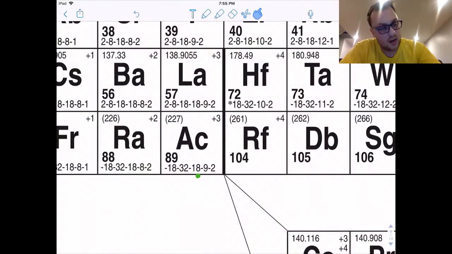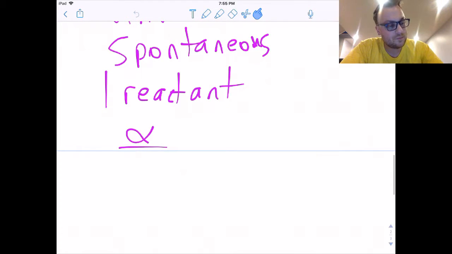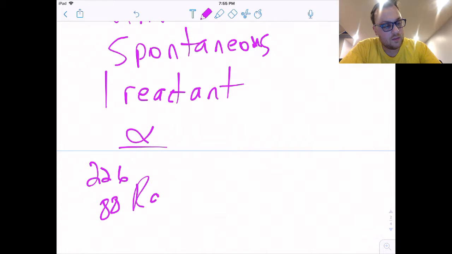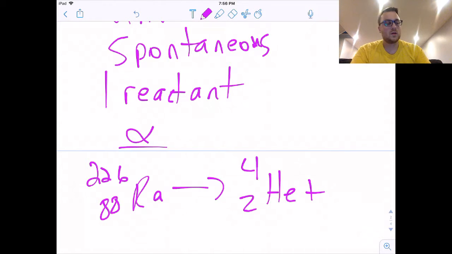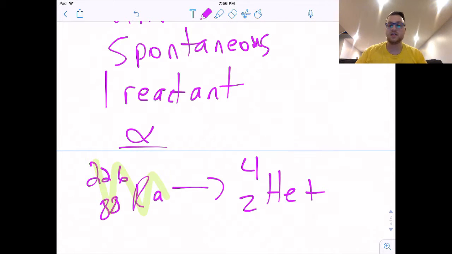So radium 226, when it breaks down, so 226, 88, radium, will release an alpha particle. So that's what I mean by spontaneous, unstable, one reactant, natural reaction. There is only one reactant. It's not being added to anything. Radium here is going to break down and release this alpha particle naturally every however long its half-life is.